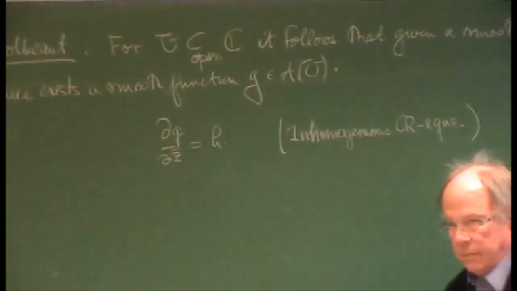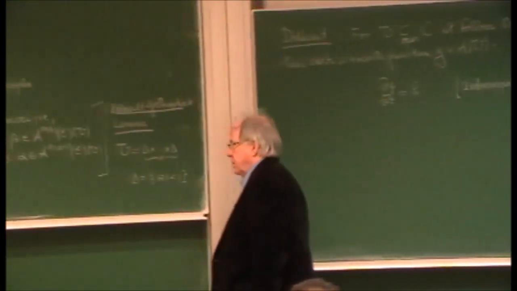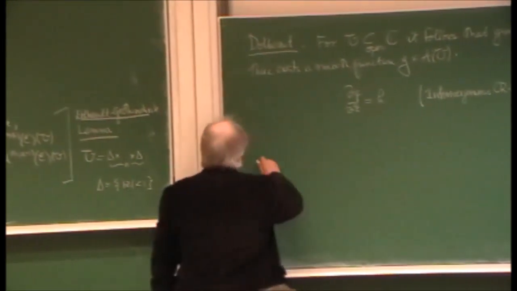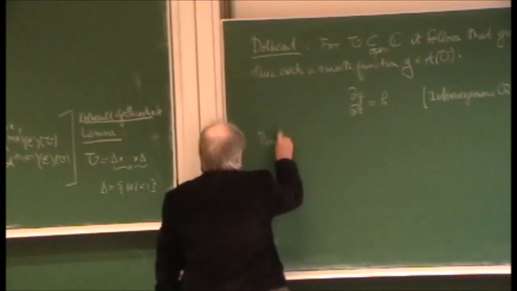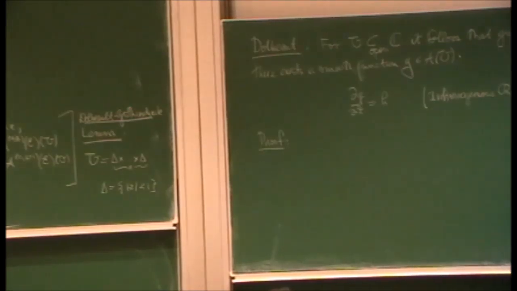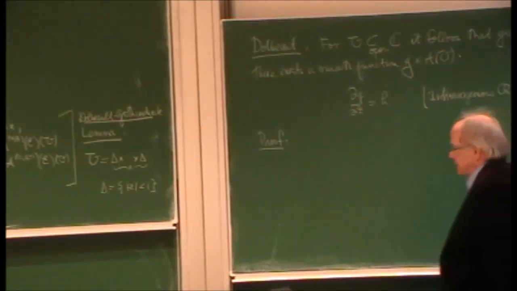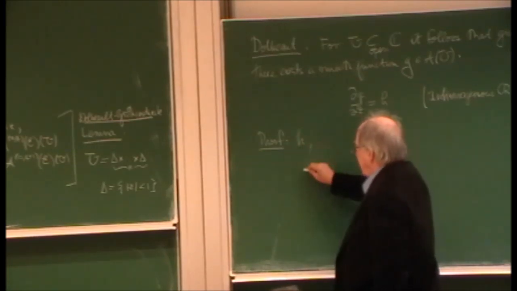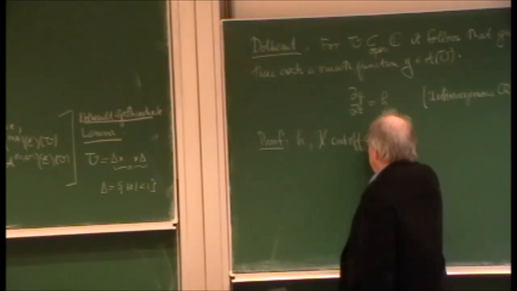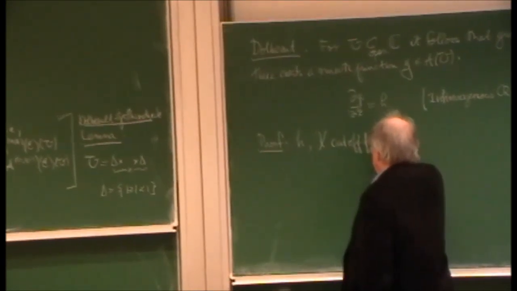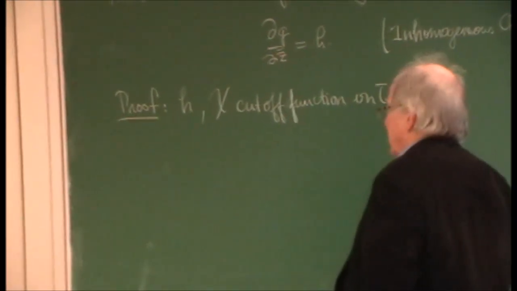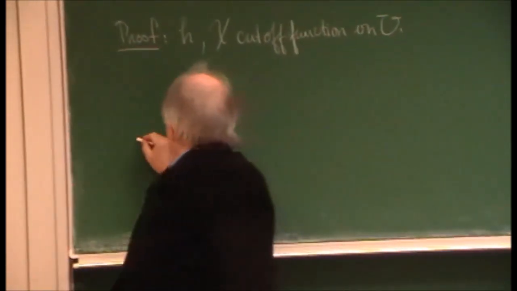Now here's something you can do in dimension 1, or equivalently in top dimension of the manifold. Step 1 of this proof is take H and take chi to be a cutoff function on U. So here's the situation I like to draw.